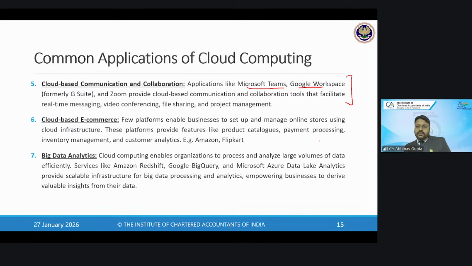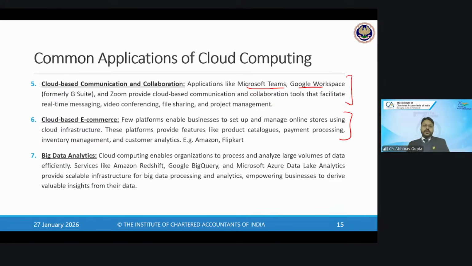Cloud-based e-commerce: Flipkart, Amazon, all these apps you are using, selecting the products, making the purchase, adding into the cart and paying for it. So all these are facilitated by what? Cloud-based computing. So everything is happening through the cloud. You neither have anything on your computer or mobile phone, nor are you maintaining any servers or any software on your own.